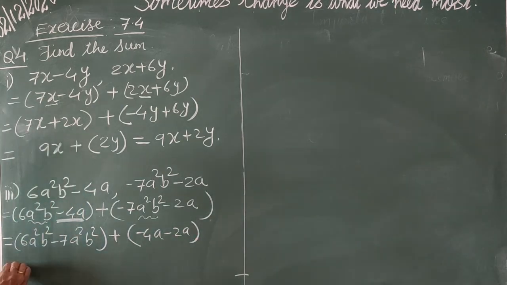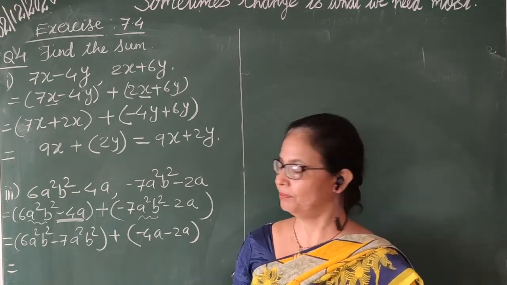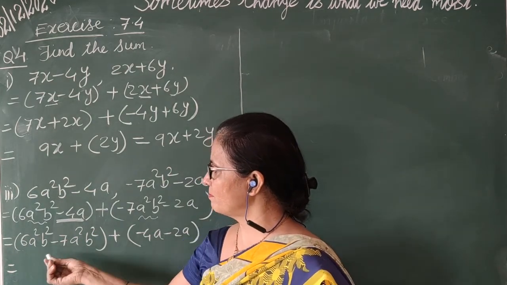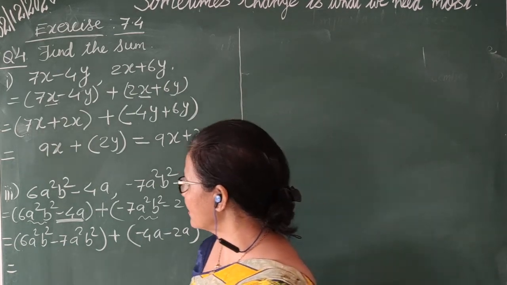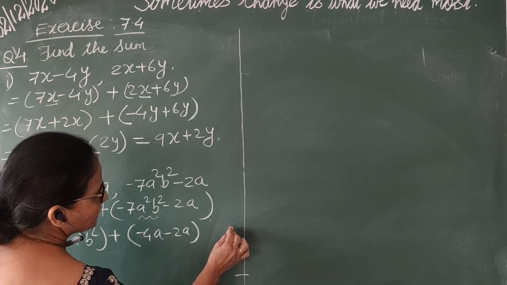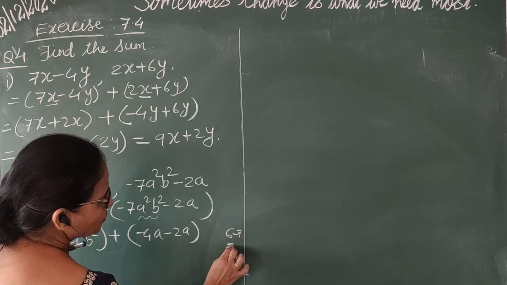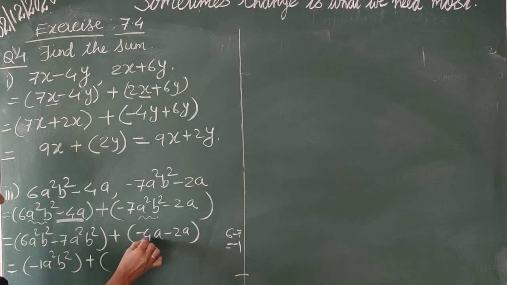Now simplify. Children, remember addition and subtraction remains the same. First simplify the coefficients. 6 minus 7 is what? Minus 1. So here you can write minus 1 a square b square. Here minus 4 minus 2.